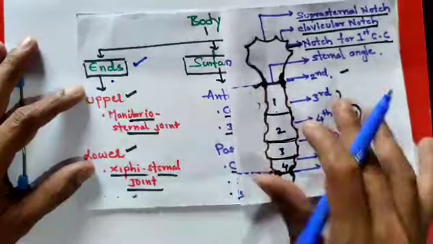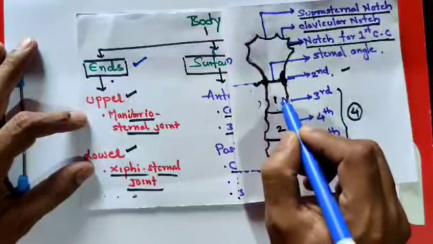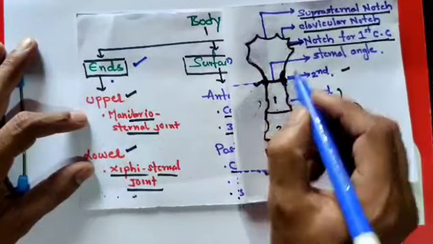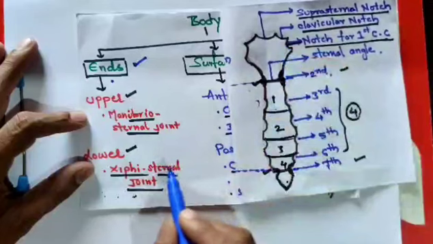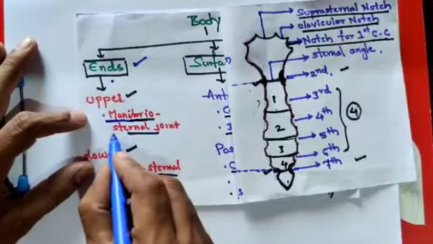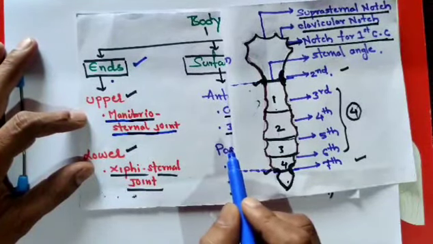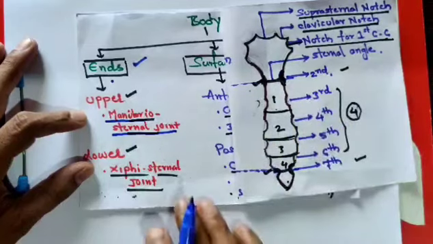The upper end of the body of the sternum articulates with the lower border of the manubrium sterni and forms a joint. That joint is known as the manubriosternal joint. Here the manubriosternal joint is represented by the sternal angle.